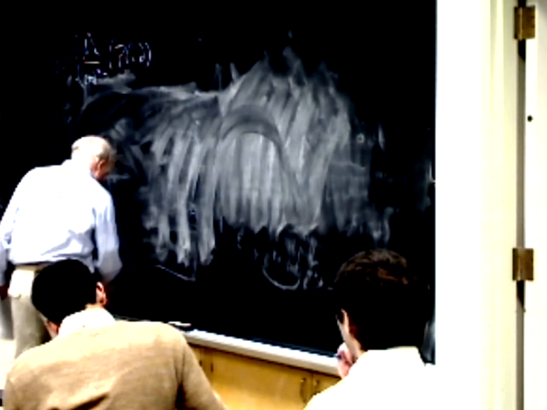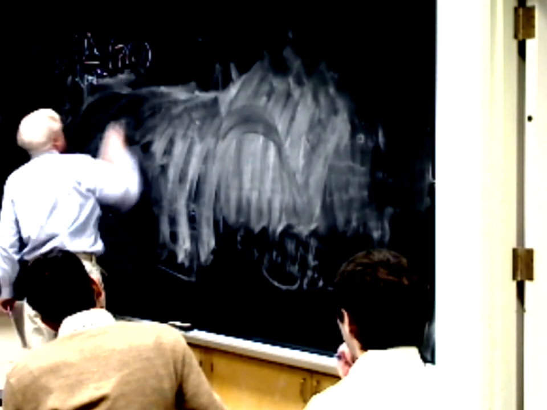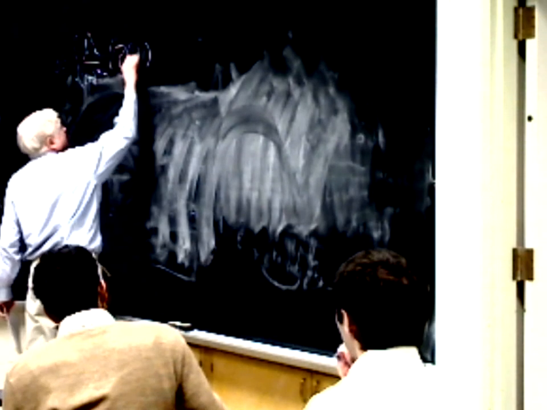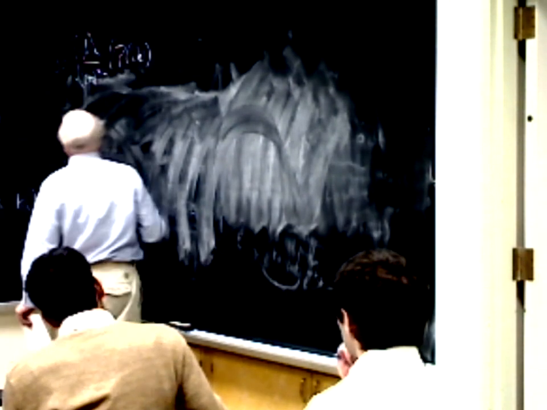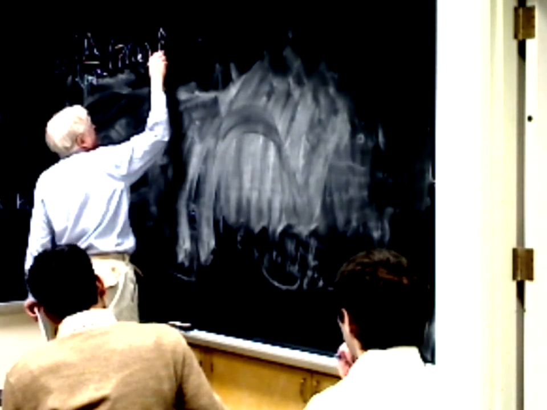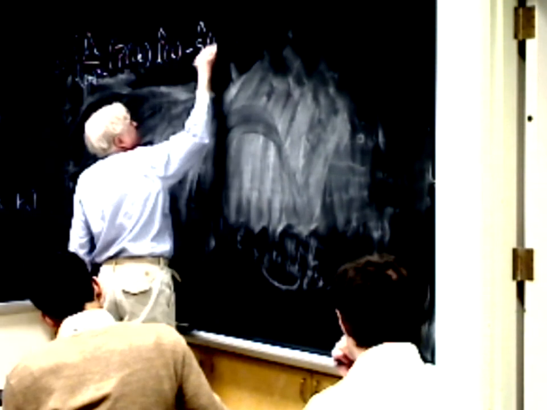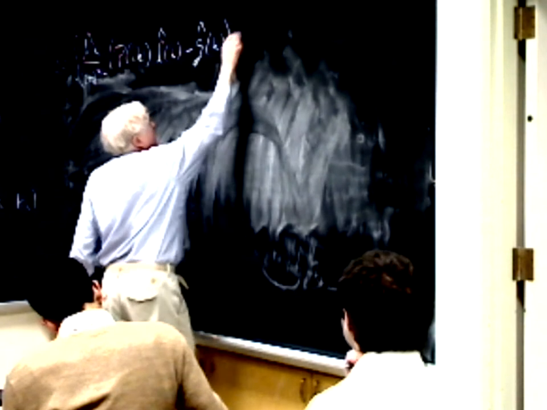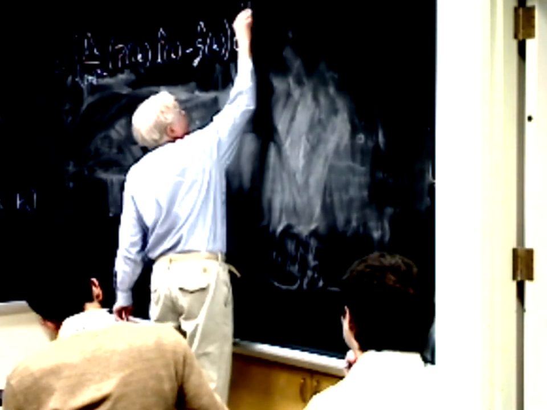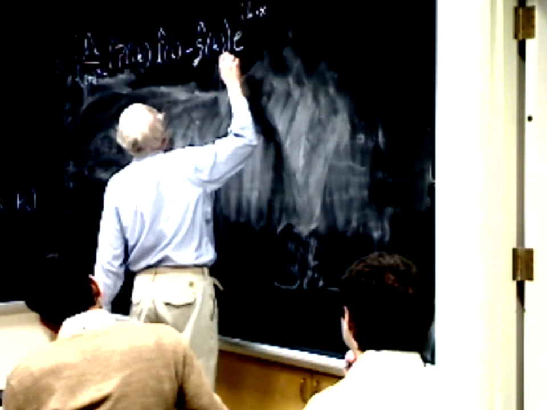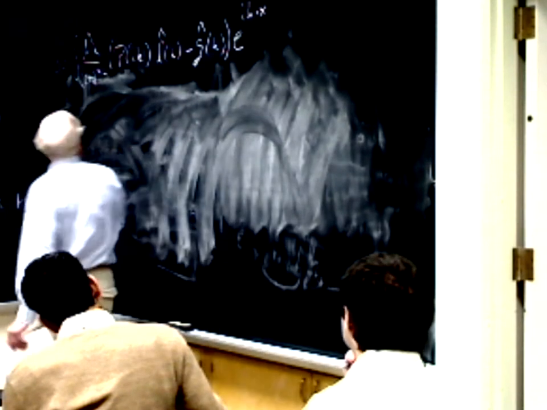No, it's not p of i delta. It's p of ik. P of ik f hat of k minus g hat of k e to the ik dot x equals 0.